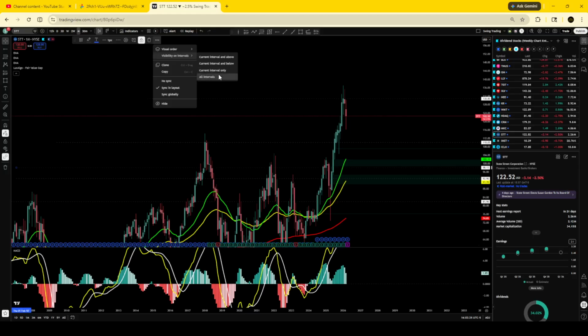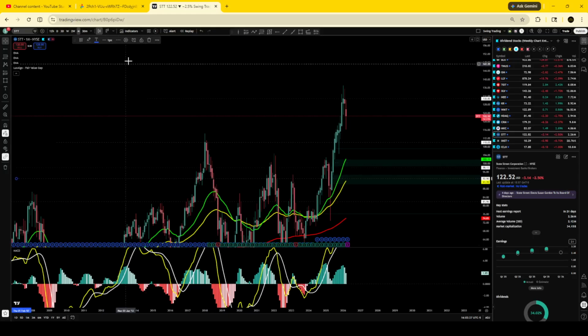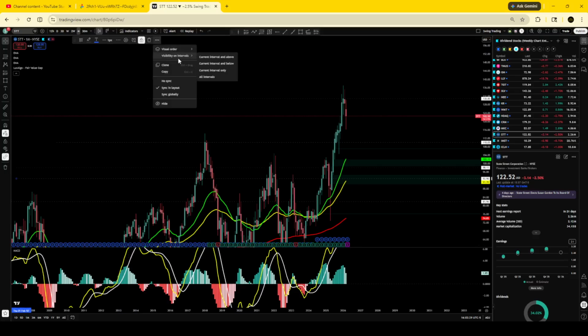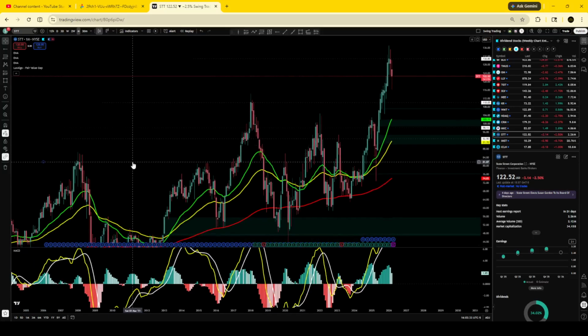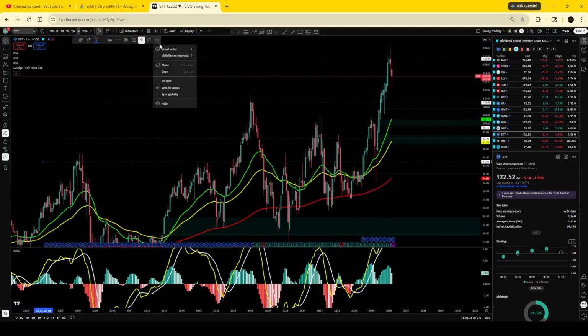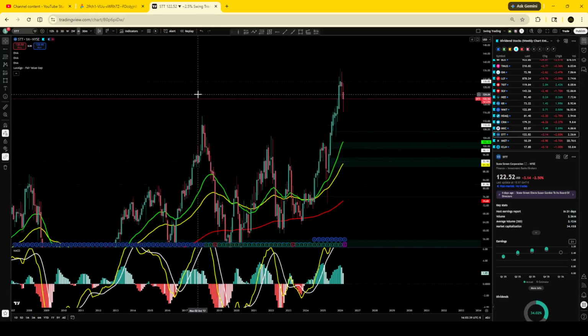I can set my take profit to these dotted lines. Why? Because price has shown me that it's a high probability that price is going back to these areas.